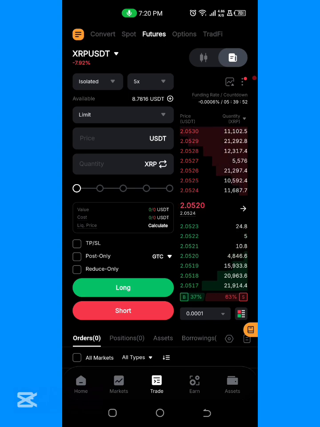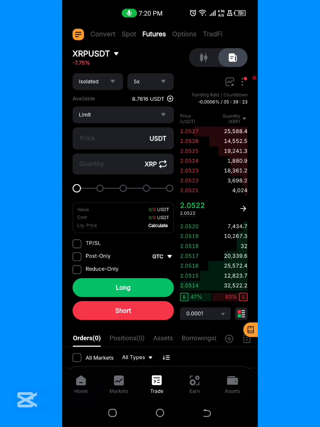But in cross margin mode, whether a trade is going against you or for you, the system will make use of other money in your other wallets, like the funding wallet, to trade for you.